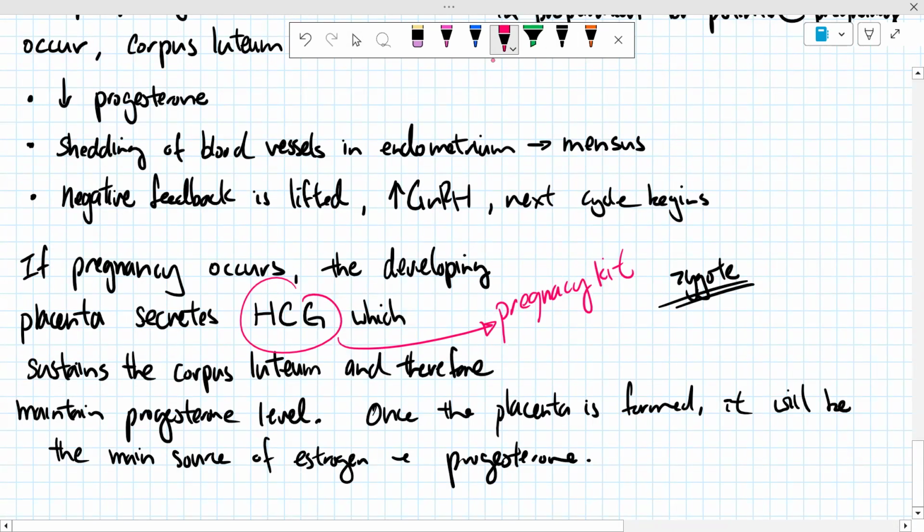When they say a female miscarries, is that when the corpus luteum breaks down? That's one of the possibilities, yeah. But there are other complications as well, right? Sometimes they could implant in the wrong place.